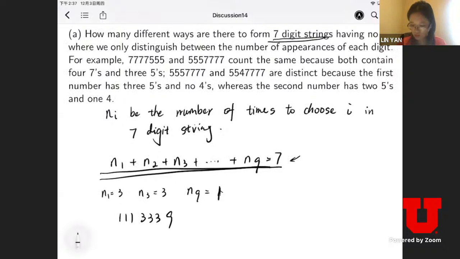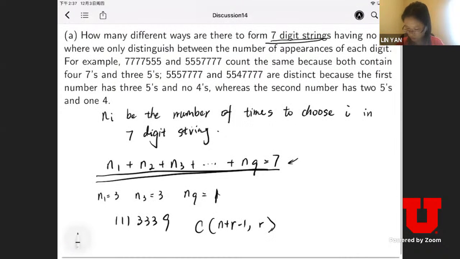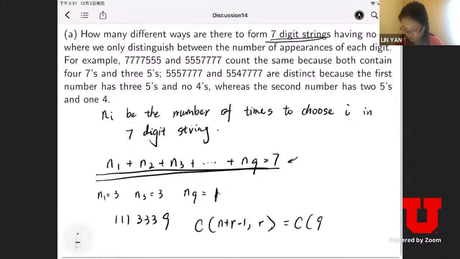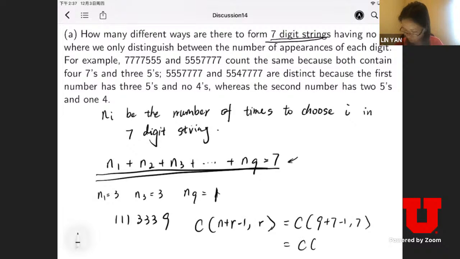We can treat it as a stars and bars problem, which is n plus r minus 1 choose r. Here, n is equal to 9, r is equal to 7, so it is equal to 15 choose 7. Any question about this part?